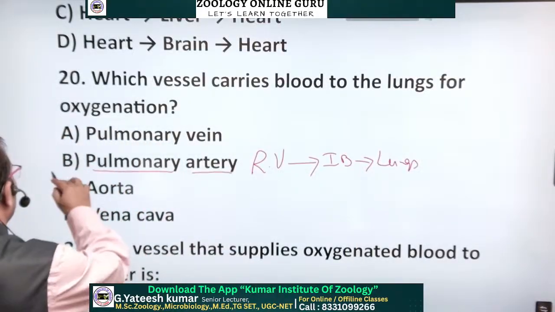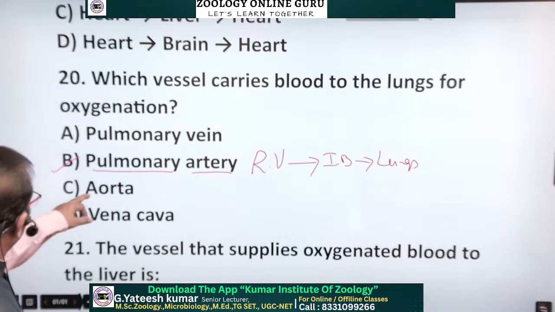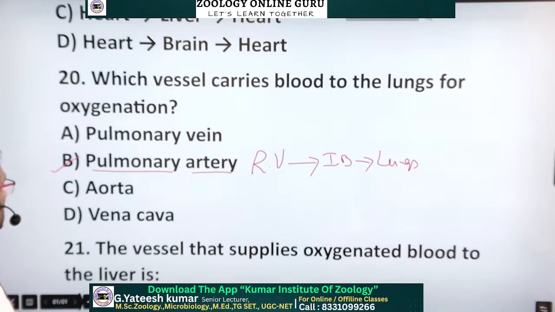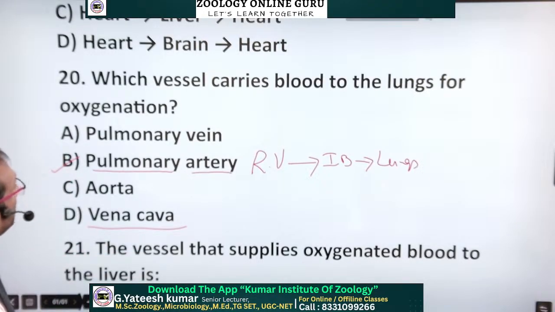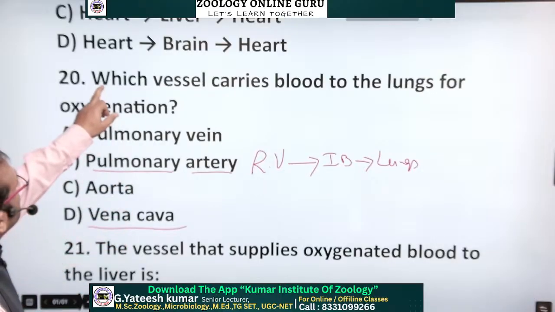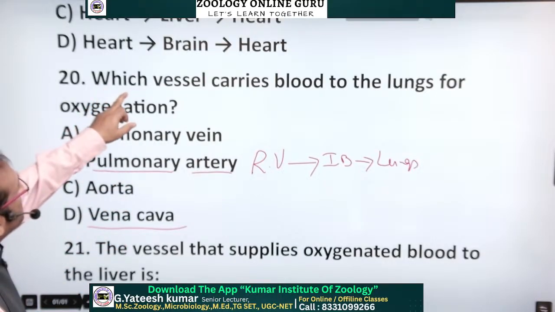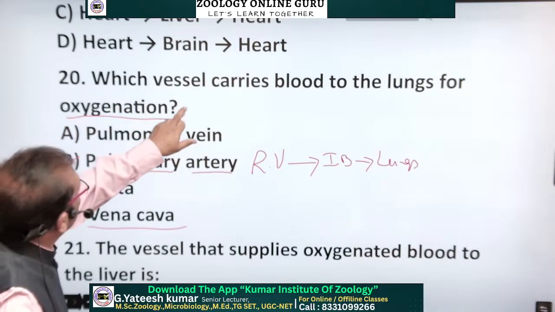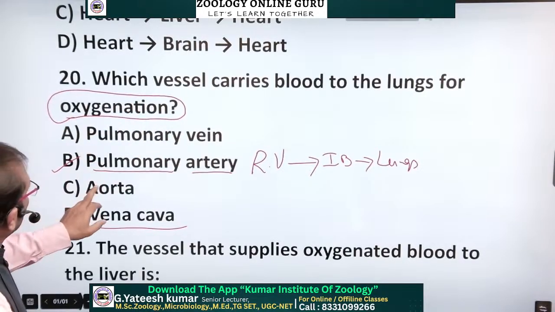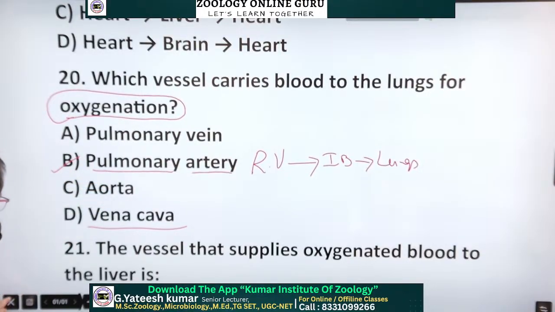B is the correct answer. And the aorta, the most important and largest blood vessel, brings pure blood to the body parts. Vena cava brings impure blood to the heart. Here they ask which blood vessel carries blood to the lungs for oxygenation, for purification. So the answer is pulmonary artery.